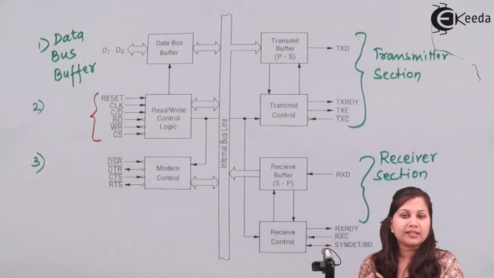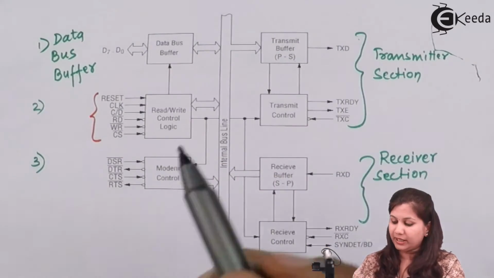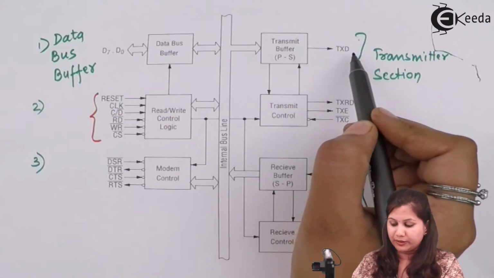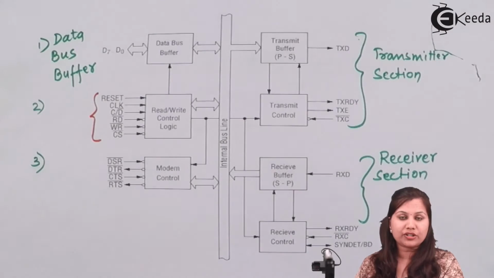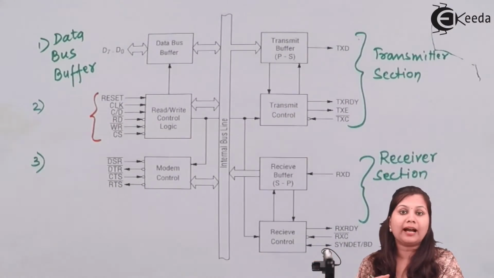So the microprocessor will send the parallel data to the 8251. The parallel data will be converted into serial data, and then the serial bits will be transmitted through this. Now the transmit control checks the conditions: whether the 8251 is ready for the transmission of data, whether the bit is transmitted to the device or not, and at which rate it is transmitting.